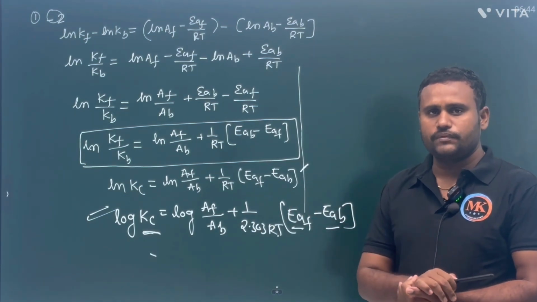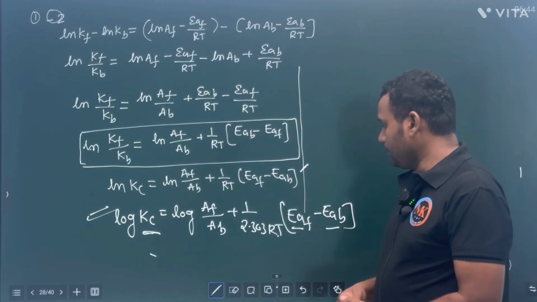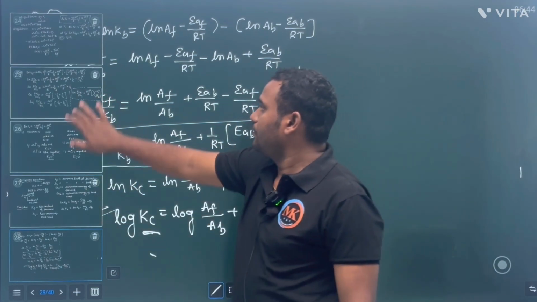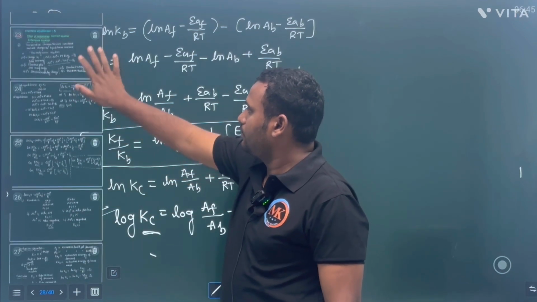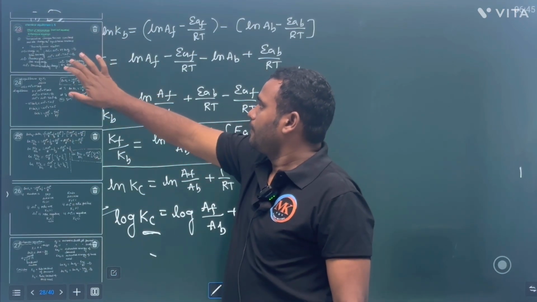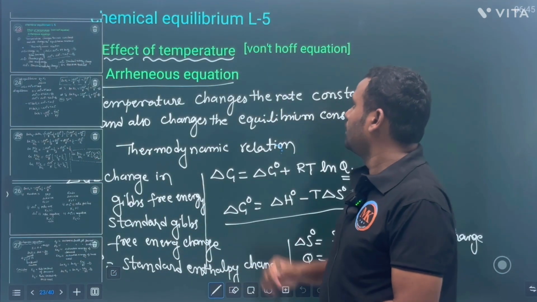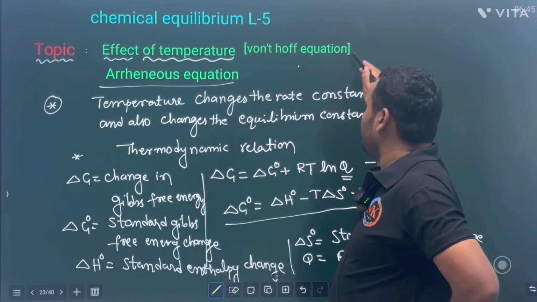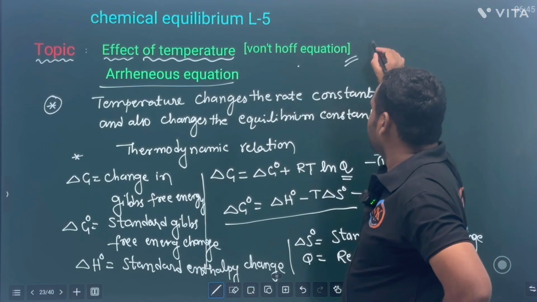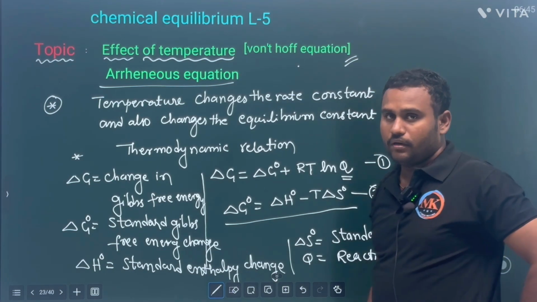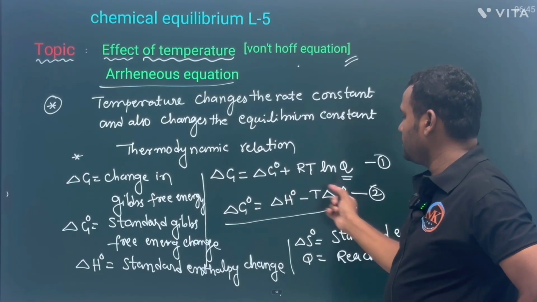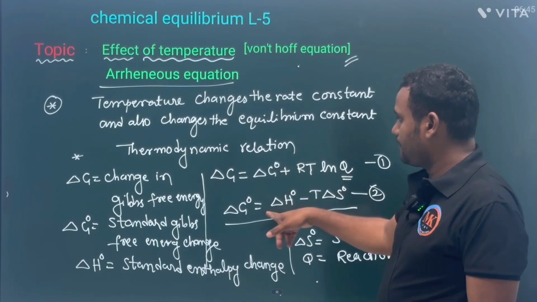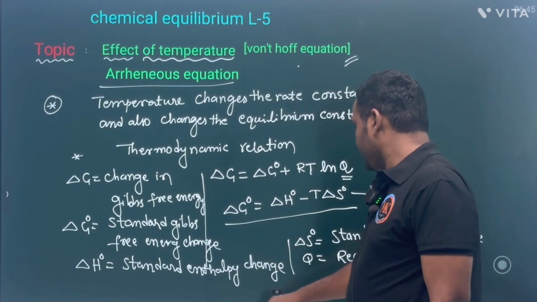Okay, so in this video I have explained chemical equilibrium, lecture number 5, effect of temperature and van't Hoff equation, and here we also discussed thermodynamic relations and the van't Hoff derivation.